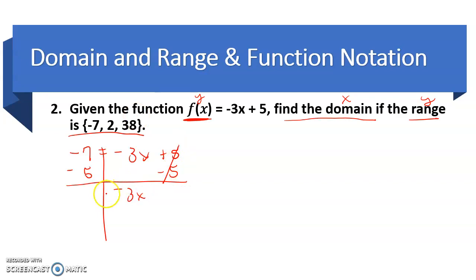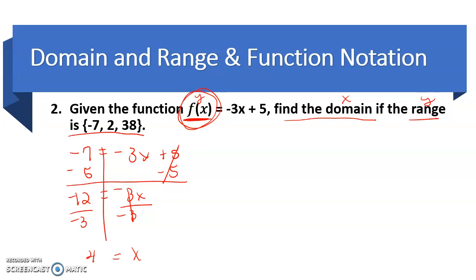Bring down negative 3x equals a negative 7 and a negative 5. Same sign, so add and keep the sign. Divide by negative 3, because that negative must go with it, and x equals a positive 4. Again, since we're finding the domain, we're finding x, we have to plug in for the range, which would be y, or in this case, f of x.